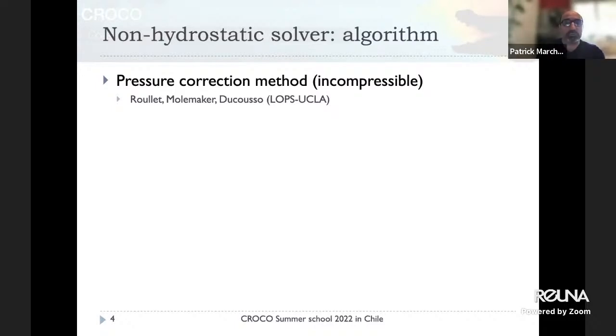And for CROCO, some people in Brest and in Los Angeles have worked on a version of this pressure correction method that is not implemented yet on CROCO, but it will be soon. So I will describe how it works. And I think that not everybody will understand the details of what I will say, but I hope that you at least get the essence of the idea. And that will be enough for this class, I think.